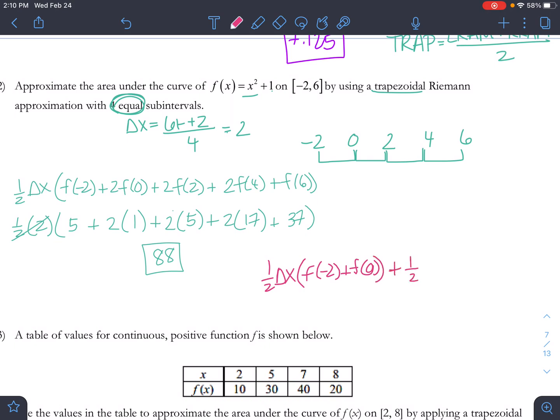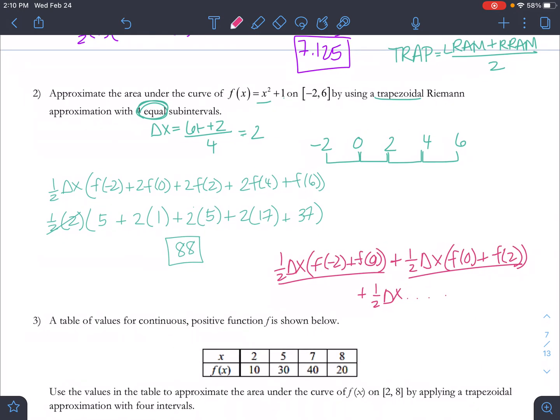Next trapezoid, 1/2 delta x, f of 0 plus f of 2. Close the parentheses, plus 1/2 delta x, etc., etc. So you can do each trapezoid separately if that makes you feel better, if you just understand that more accurately. And also, if it's unequal intervals, we have to do that. If there's equal intervals, feel free to use this type of shortcut. But besides that, we'll save 3.